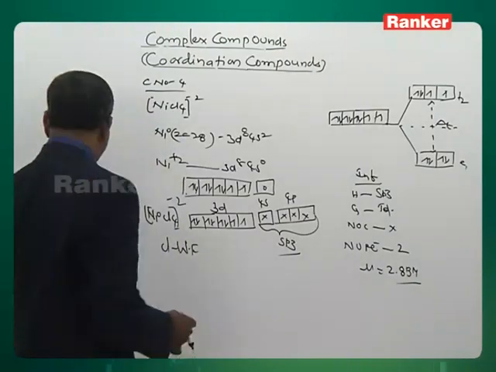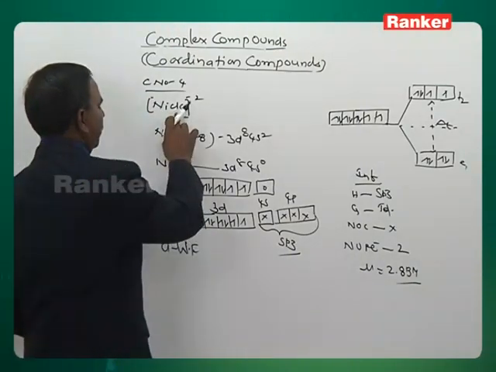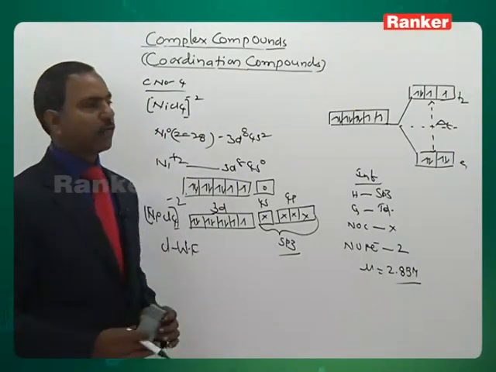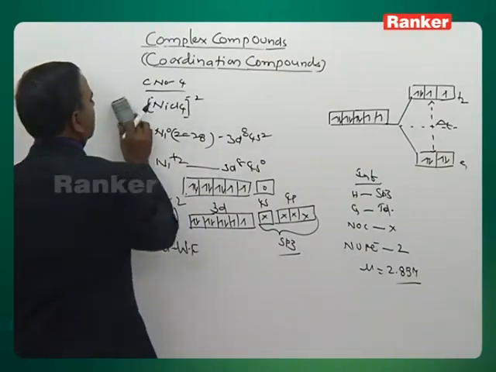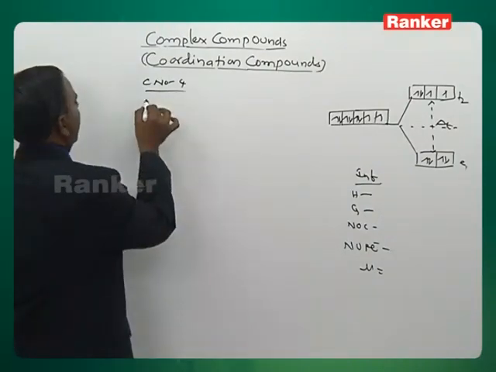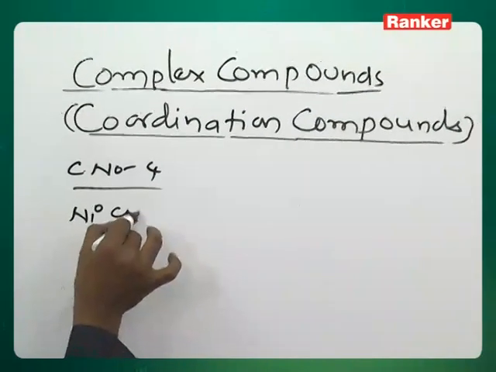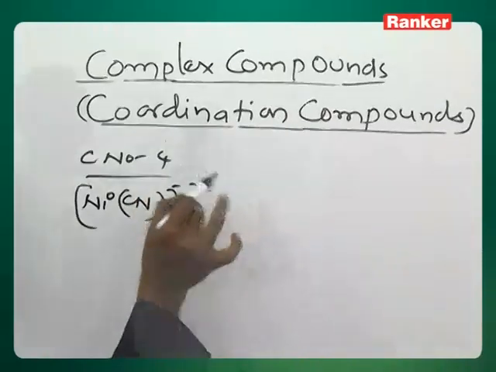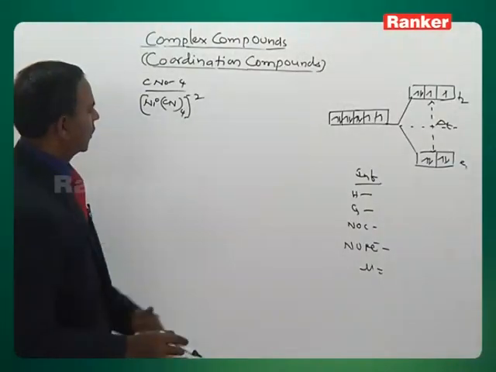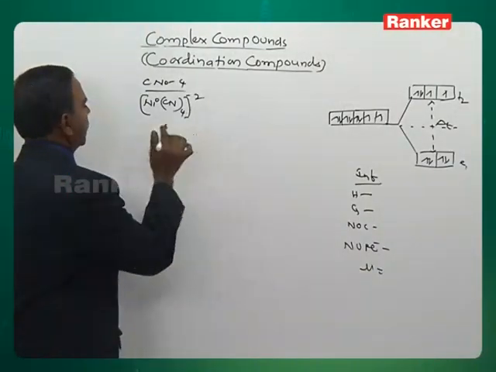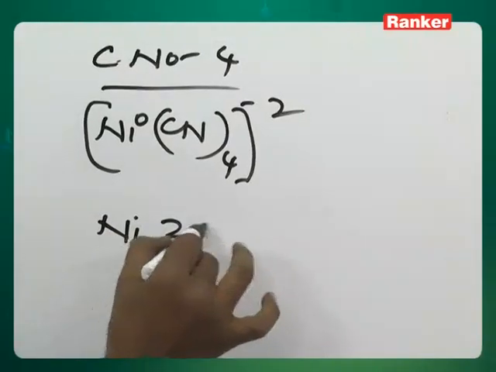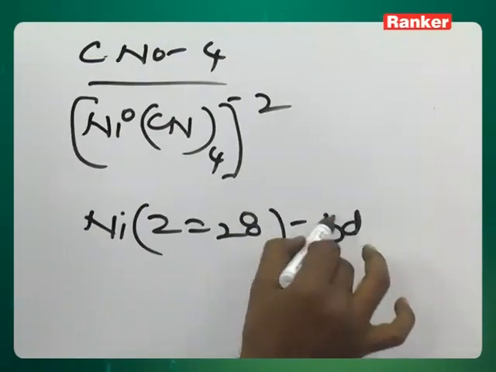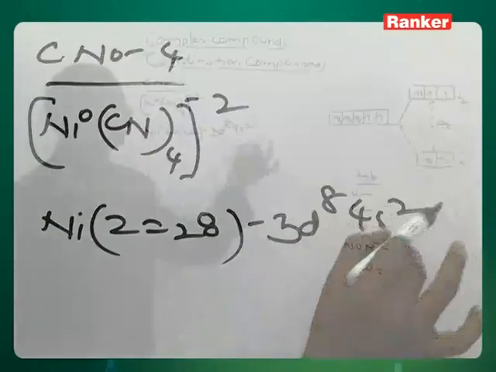Next, a similar type of complex: if it is weak field, what happens by taking a strong field ligand? Let me show one more complex by taking a strong field ligand. Coming to the next complex, nickel tetracyanide minus 2. Now, the same steps, the way you took the steps for nickel tetrachloride. Yes, nickel Z is equal to 28. This is 3d8 4s2.